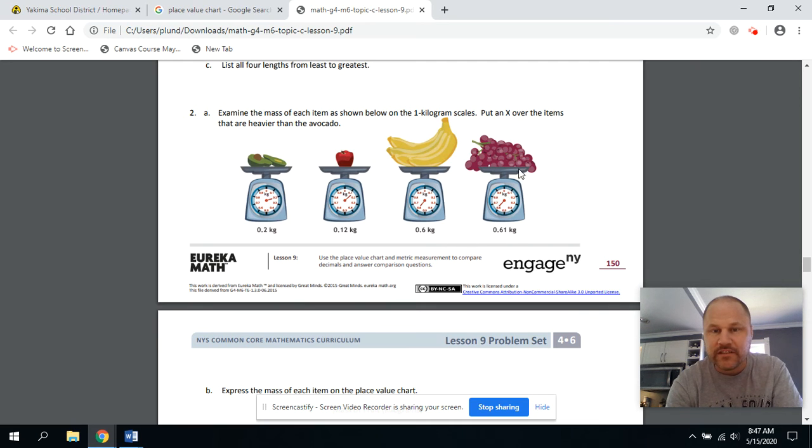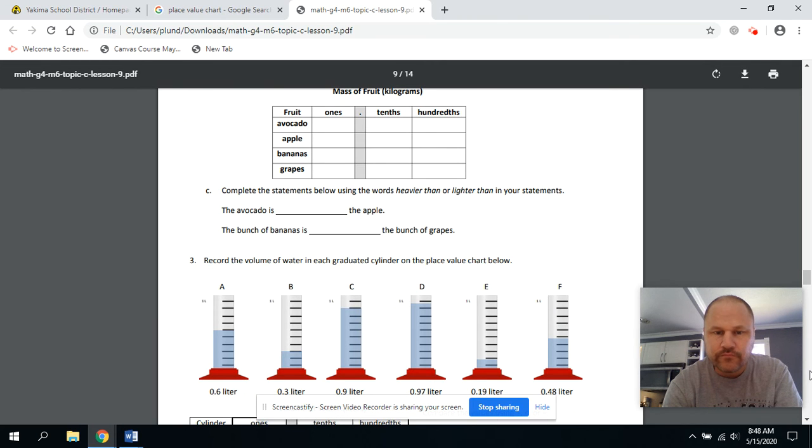So the grapes weigh the most. They barely weigh more than the bananas. Avocados are quite a bit less than that. And then the apple is the lightest because 12 hundredths, 20 hundredths, 60 hundredths, 61 hundredths, right? Okay.